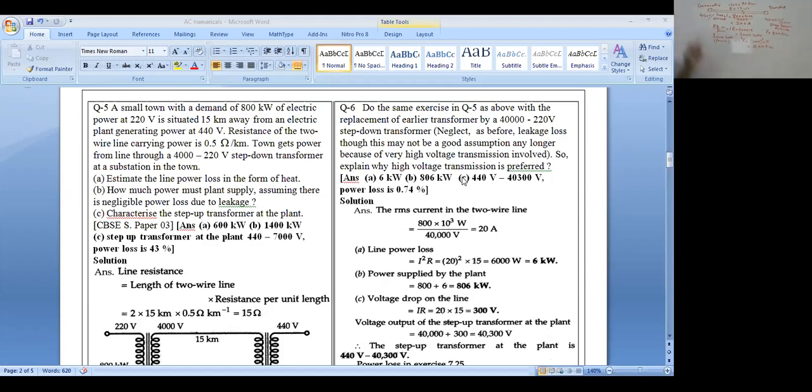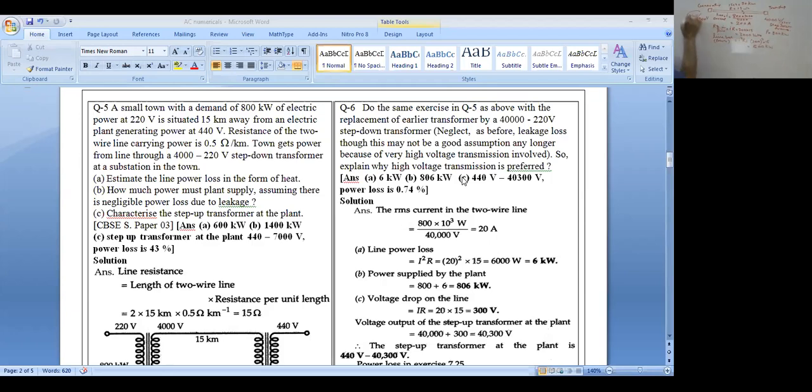It means here we have to supply the voltage, step up. What is the voltage here? 440. And the secondary we require here 4000, and the voltage drop is 3000. So 4000 plus 3000 which means 7000.